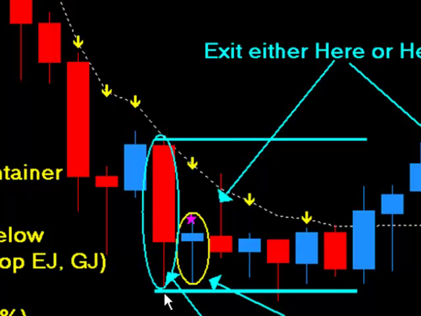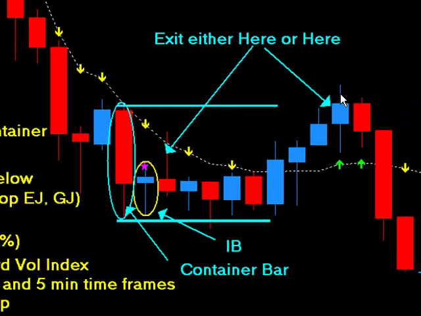Once the inside bar is formed, you then draw your lines on the container bar, and your first exit in this case would be over here, anything above the top of that wick there. That's not the safest exit, but it's your first exit. The better exit would be over here when this trend arrow changes to long.